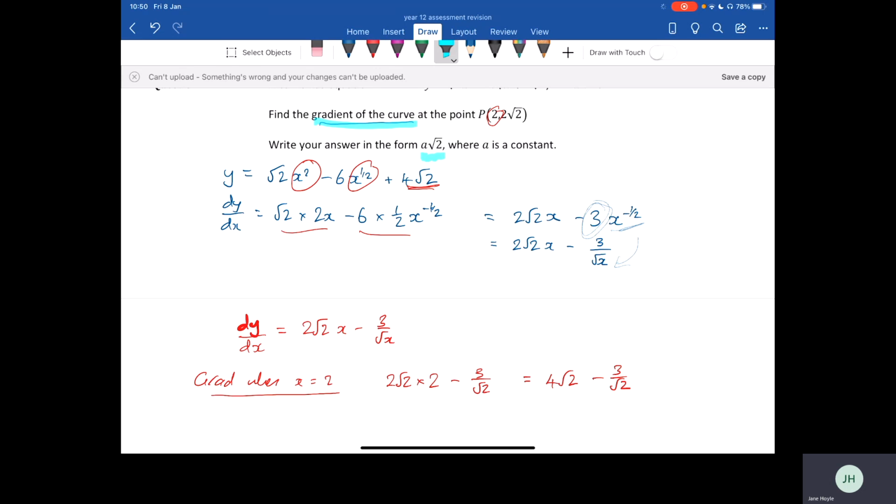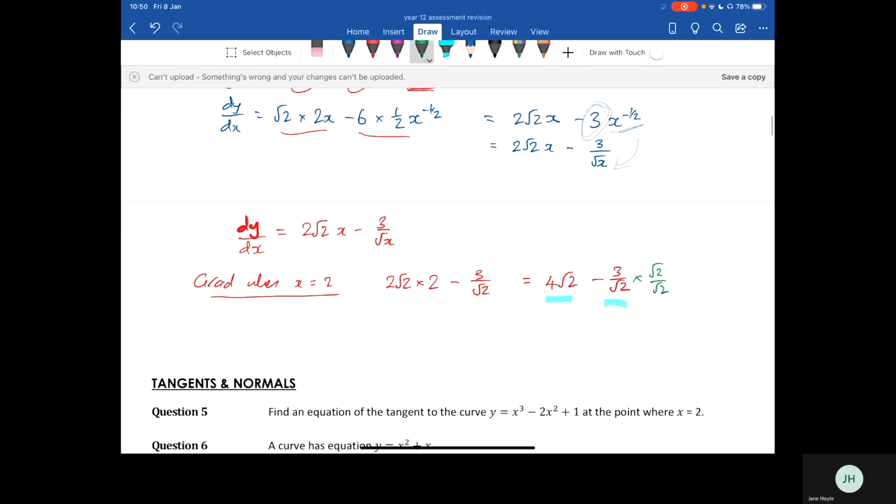Okay, what I've got here is 2 different terms, but with that second term, we can rationalize the denominator. And by doing that, I end up with 4 root 2 minus, multiply the numerators, 3 times by root 2 is going to be 3 root 2.